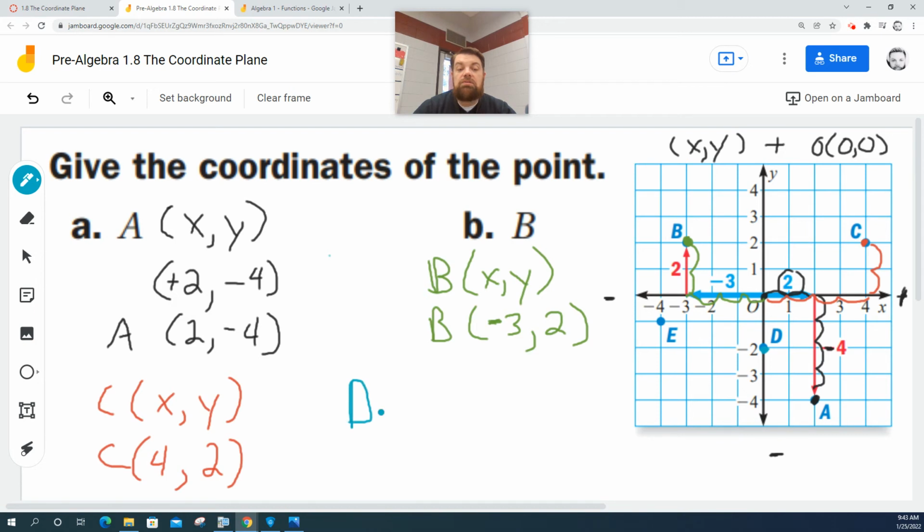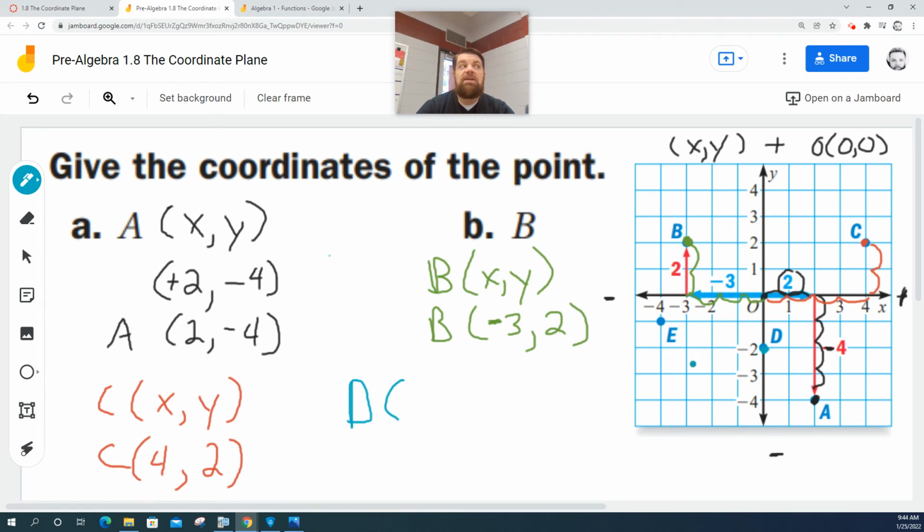All right, now for D, D is right here. So now I need your help with D. I start at the origin. How many units do I go to the left or right to get to D? Do I go any units to the left to get to D? Do I go any units to the right? I do? To get to D? D's right here.